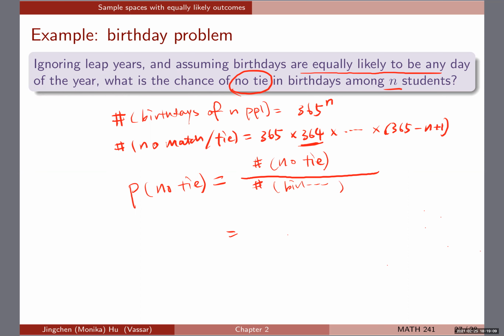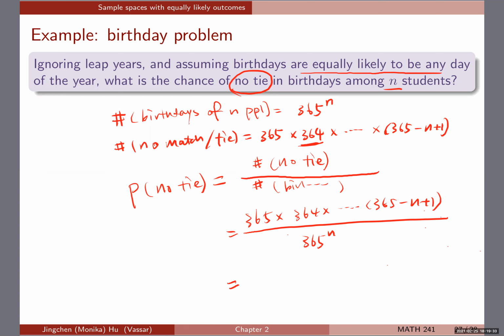So it's going to be 365 times 364 times up to 365 minus n plus 1, over 365 to the power of n. Oh, sorry, let me get it right.